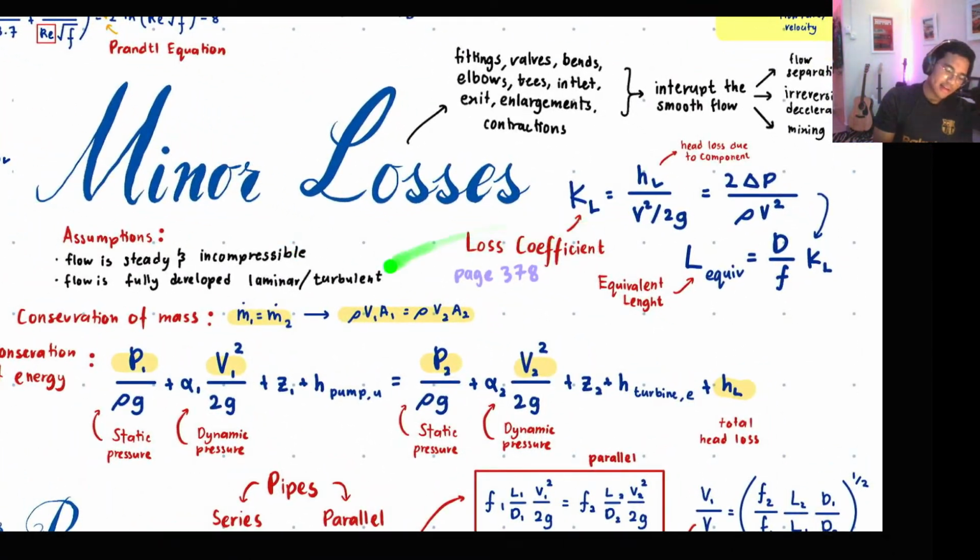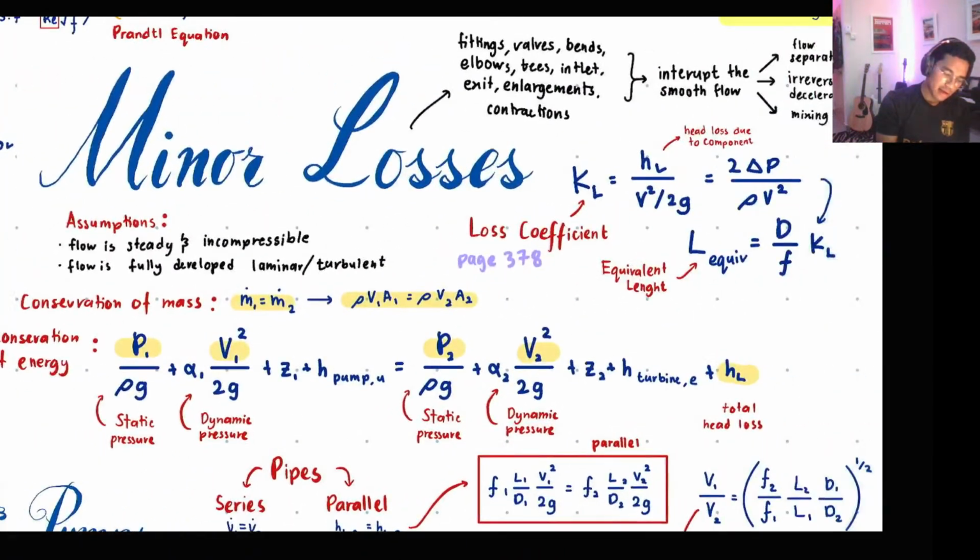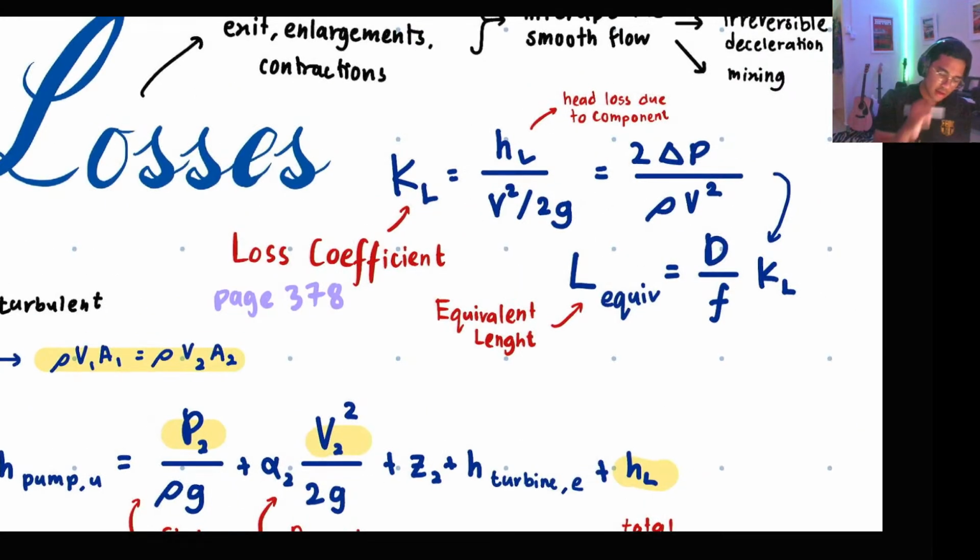So for minor losses, there is a formula to find the loss coefficient, which is HL over V squared over 2g. V squared over 2g is the dynamic parameter. HL is the head loss due to the components.